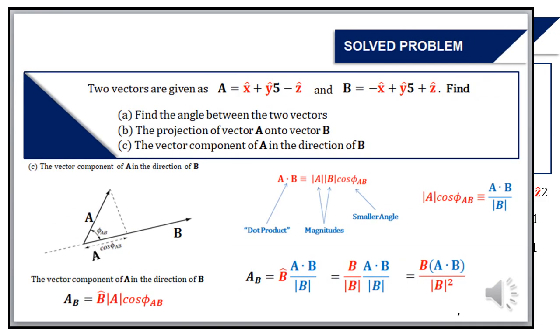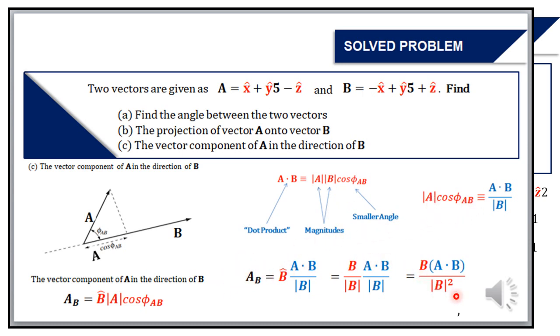Remember ulit, dun sa dot product, nag-solve na rin tayo ng ganitong parehas na problem na pagkuha ng vector component ng A in the direction of B. So we used the dot product, the magnitudes, and the smaller angle to derive yung formula natin ng vector component.